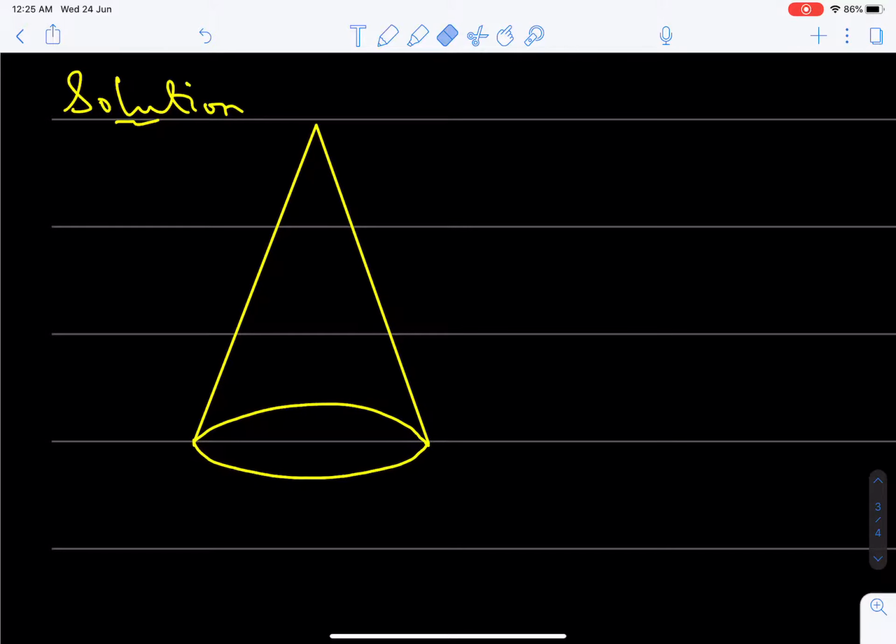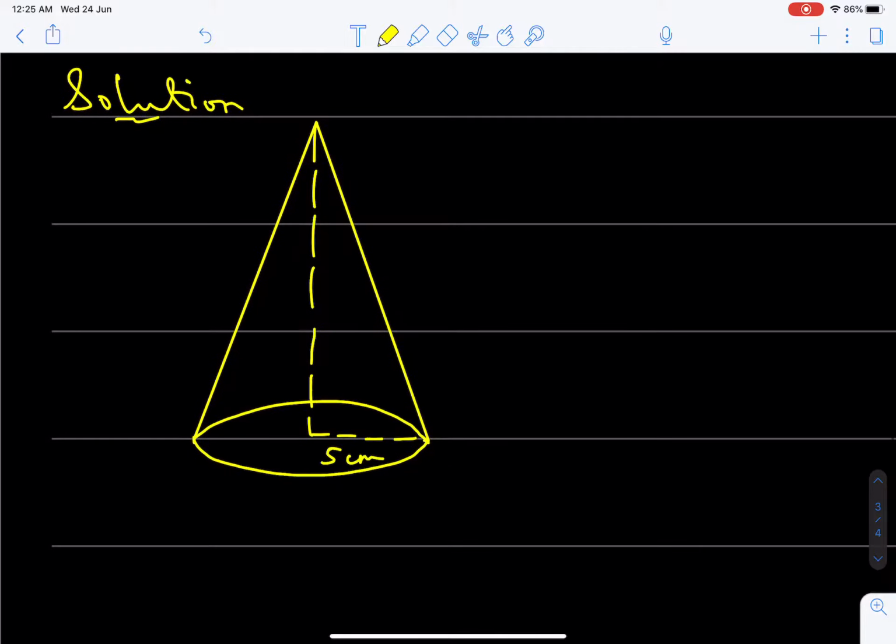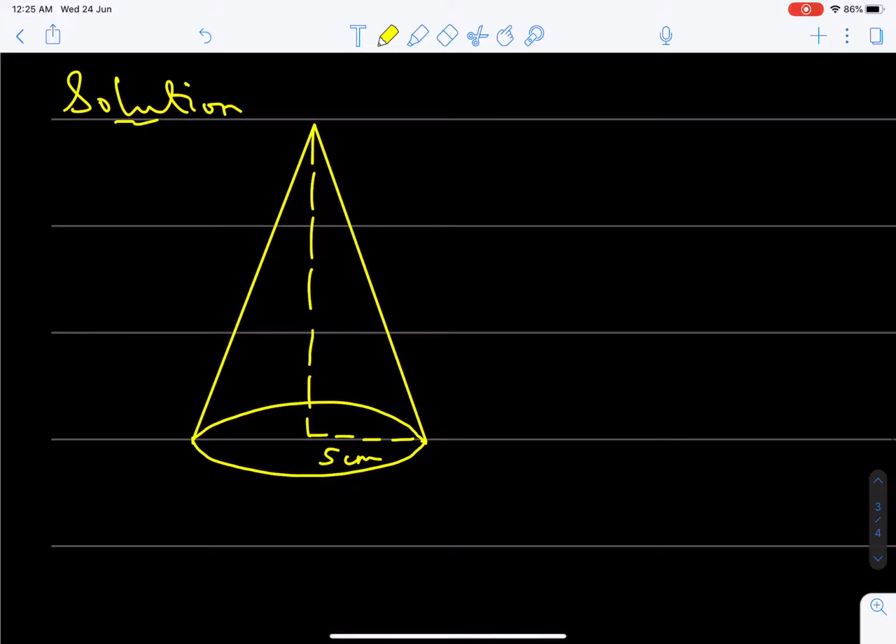This is its height, while this is its base radius. Base radius is 5 centimeters and height is 12 centimeters. And we are to find its slant height. Let me call that L.